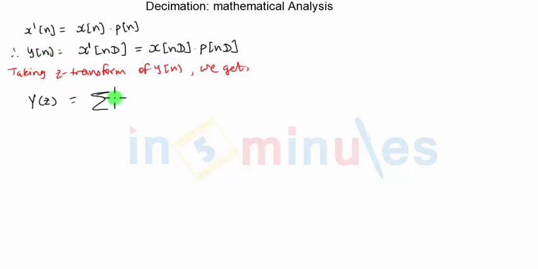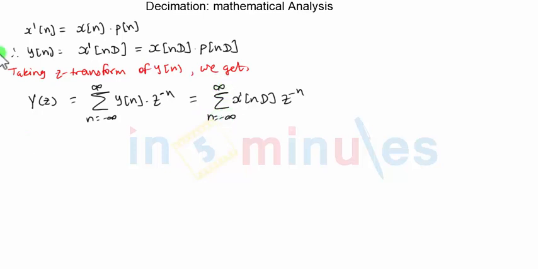As per the definition of the z transform, this is equal to the summation of y[n] into z raised to minus n, where n will vary mathematically from minus infinity to plus infinity. And this will further be equal to the summation of x'[nd] into z raised to minus n, n from minus infinity to plus infinity.